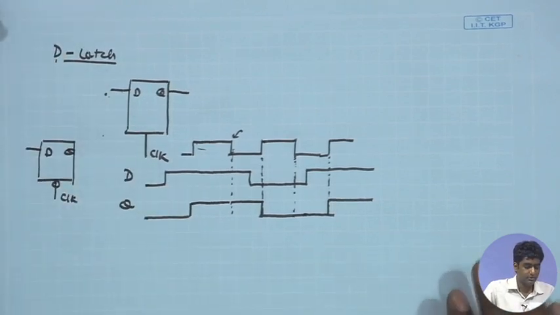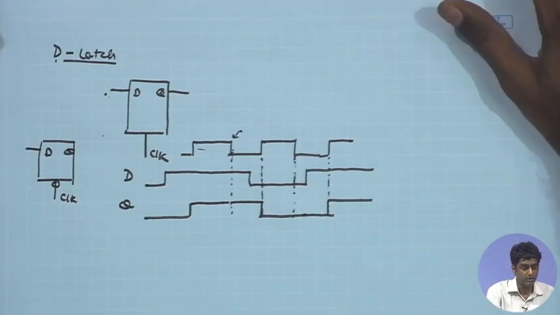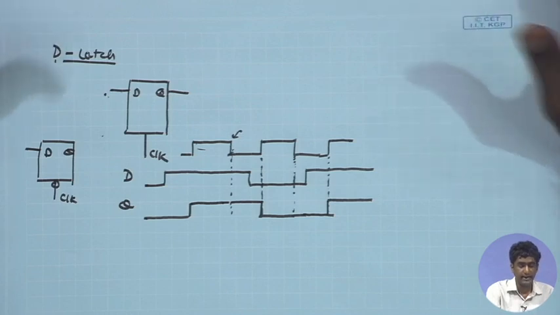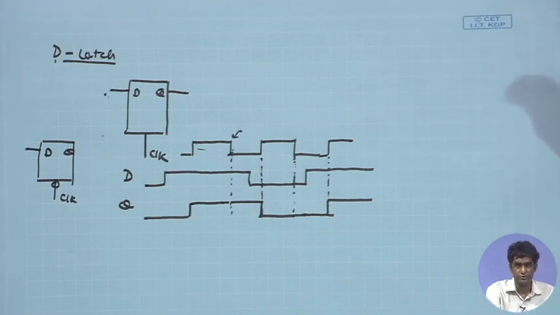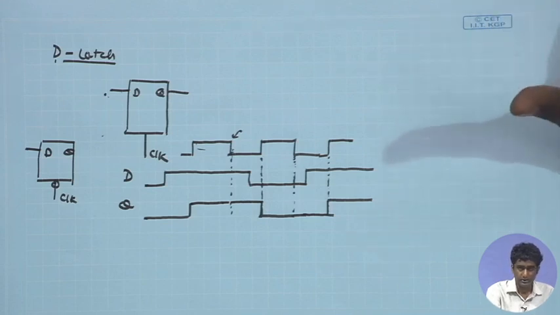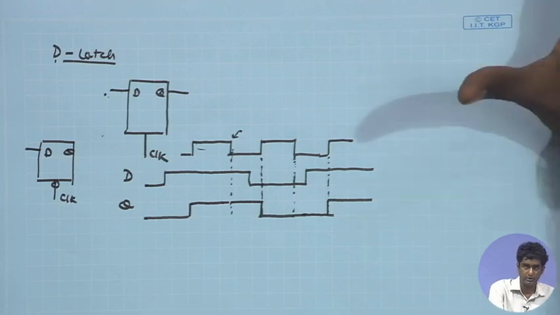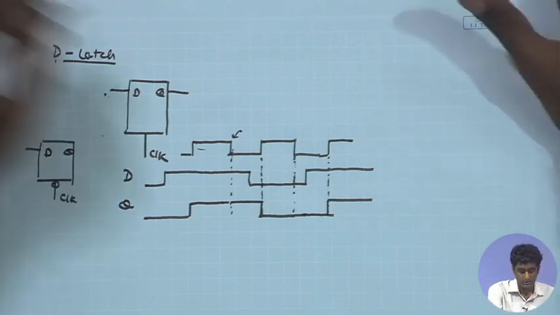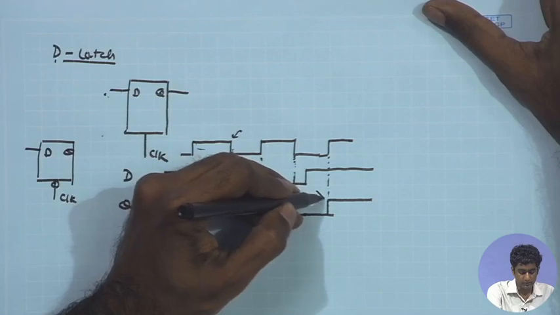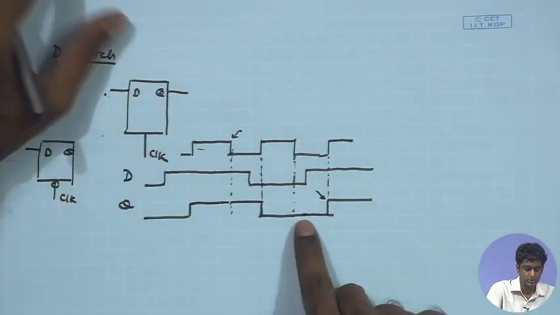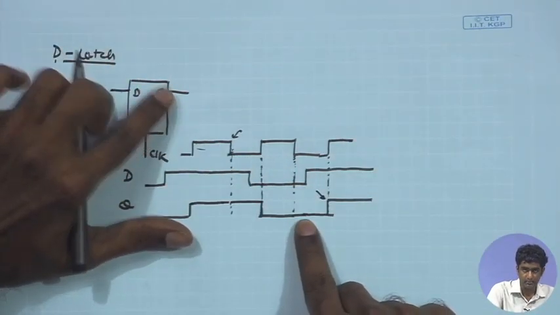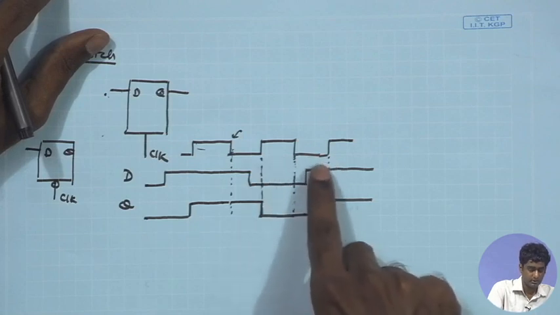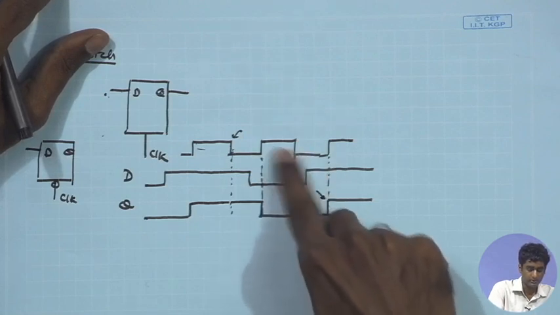Now, the operation that we want for the counter operation, as we have seen, we need an edge triggered operation. It should not be level sensitive, but it should be edge sensitive. So, the data transitions should take place only at the edges of the clock, either the positive edge of the clock or the negative edge of the clock. Of course, the Q transition can take place even during the positive phase of the clock.